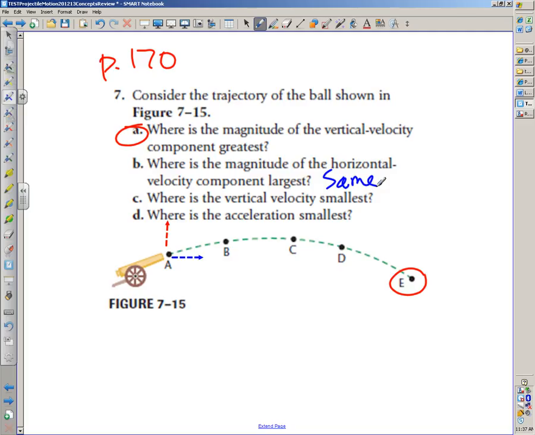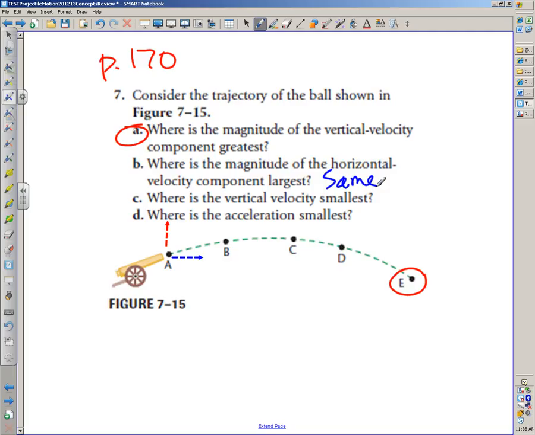C, where is the vertical velocity the smallest? Is this magnitude or not? It doesn't matter to answer this question. Because if it's not magnitude, then you would have a negative on one side. But does that mean it's smaller, though? Negative does not tell you anything about how big or how small it is, right?